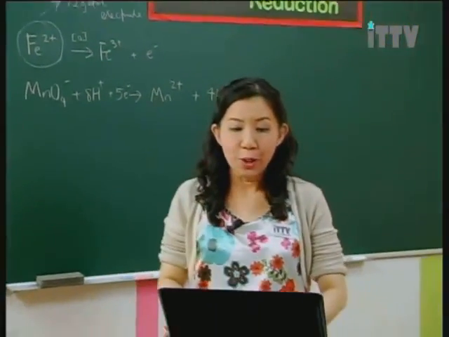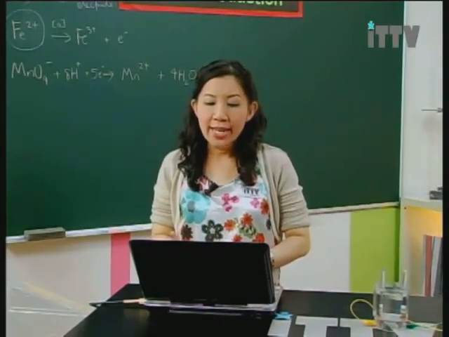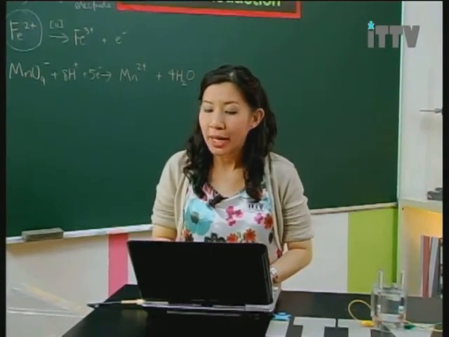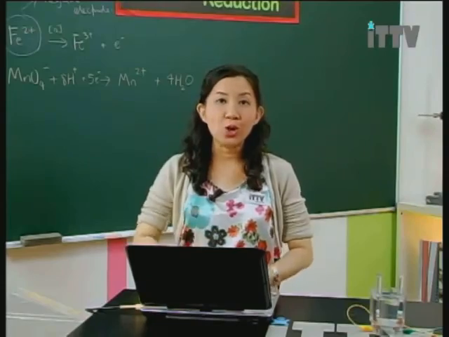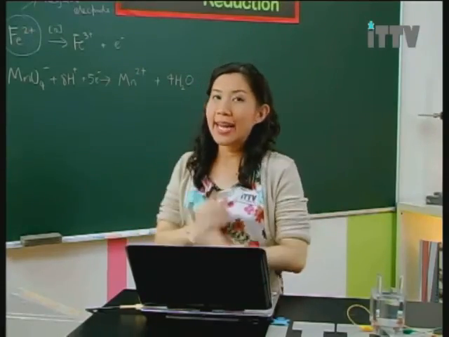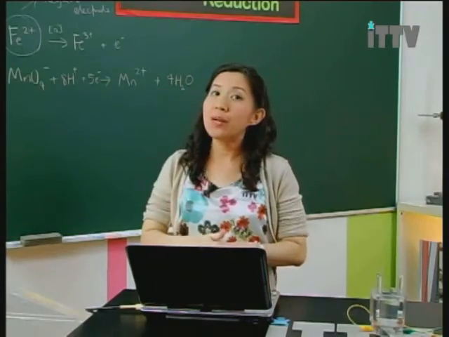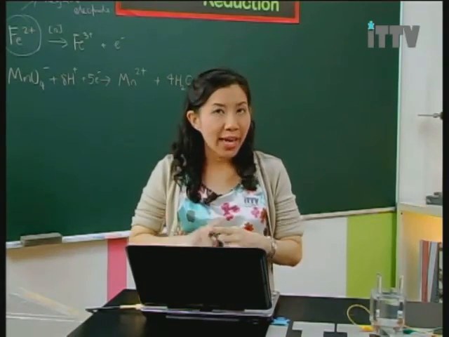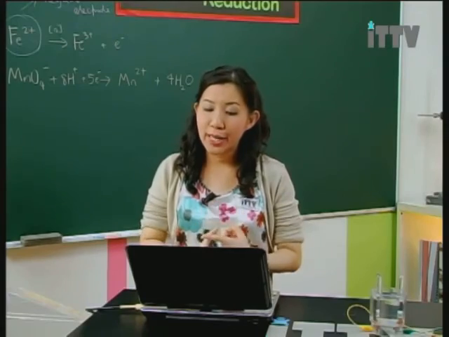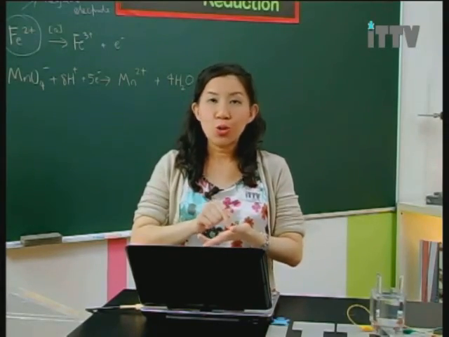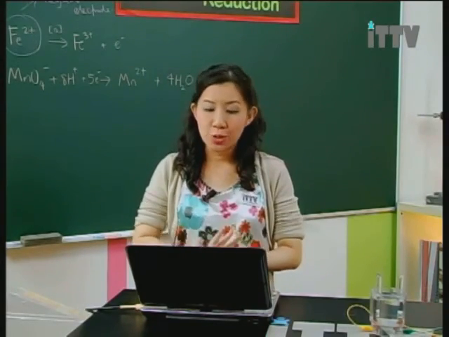So to say that electrode Y is the negative electrode is wrong, because the answer will be electrode X. Electrode X is immersed in iron 2 plus solution, so electrode X is the negative electrode. Therefore, Roman numeral 1 option is wrong.